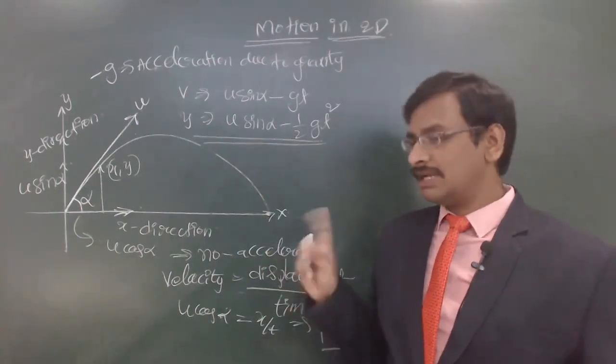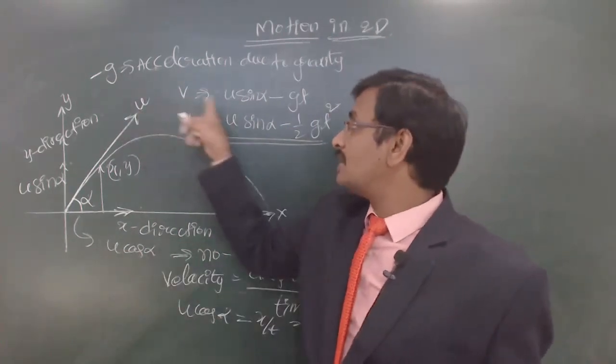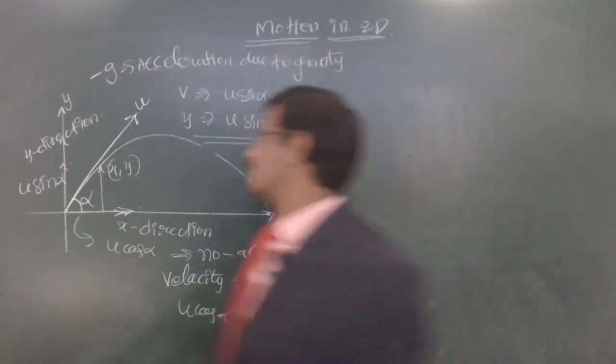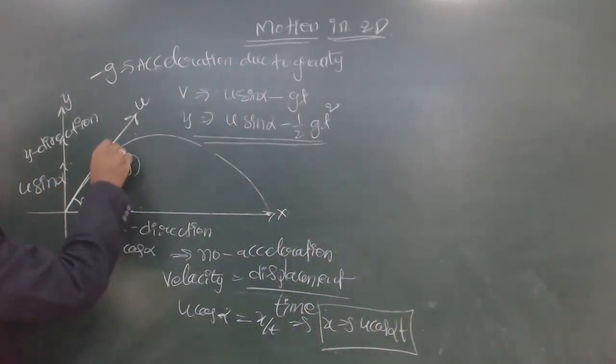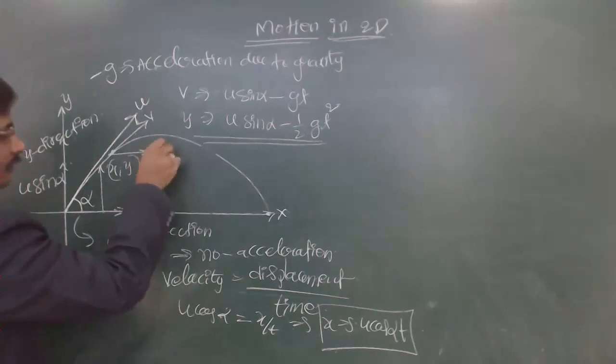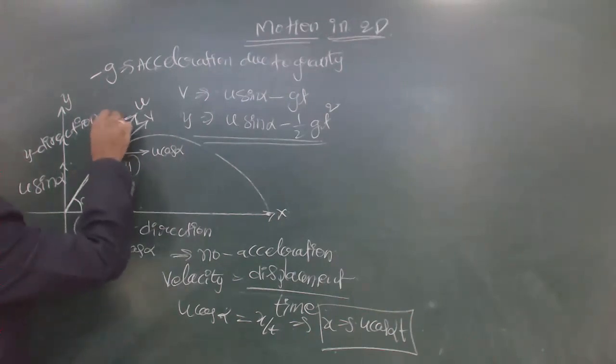And the velocity at any instant, if you notice, the horizontal component is u cos alpha, and the vertical velocity is going to change: u sin alpha minus gt. At any instant, if I draw a tangent like this, this is the velocity direction. There will be a horizontal component of the velocity given by u cos alpha, because no external force is changing this velocity, and the vertical velocity is nothing but this value.